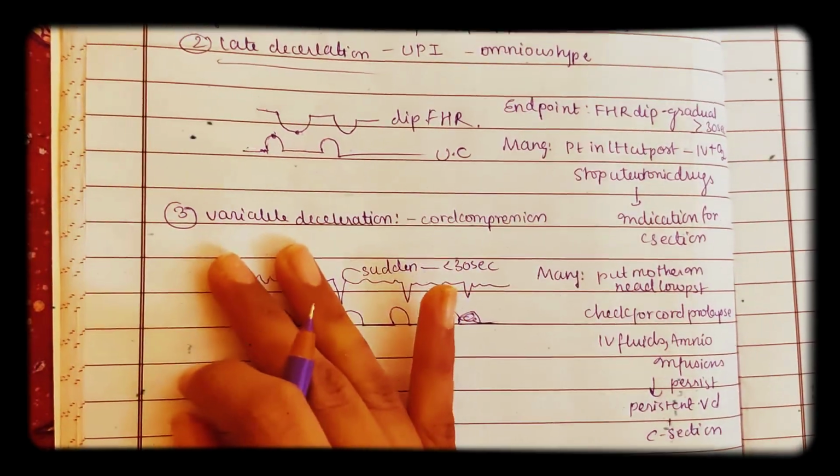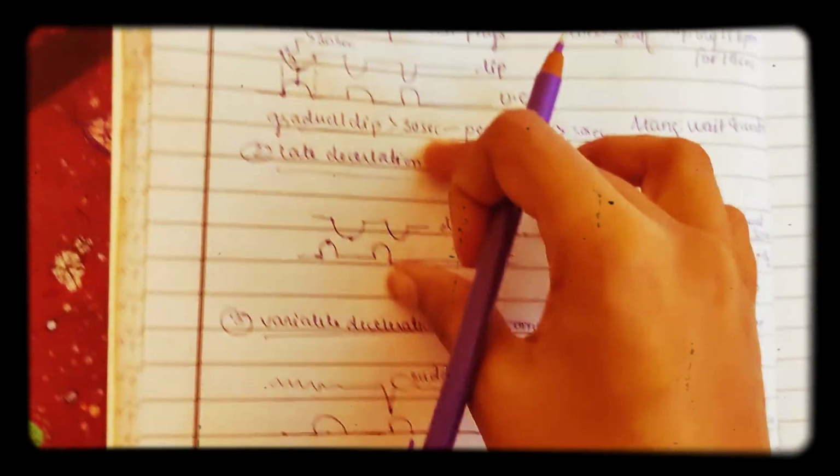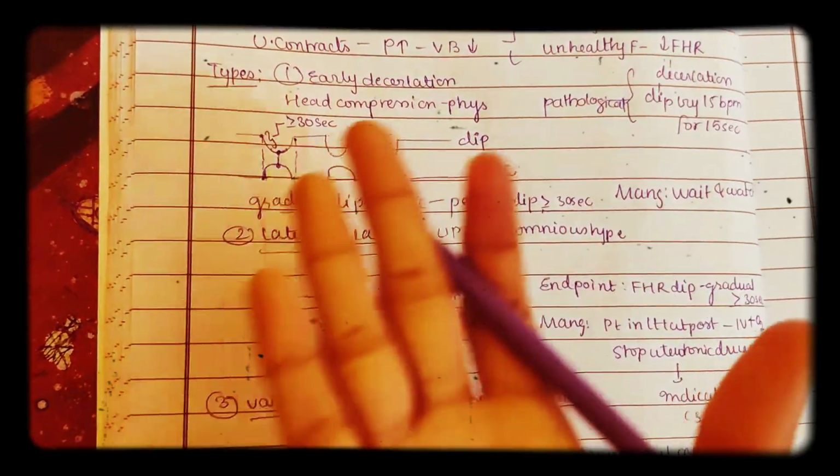So the variable deceleration and late deceleration are indications for C-section, whereas early deceleration is just wait and watch.